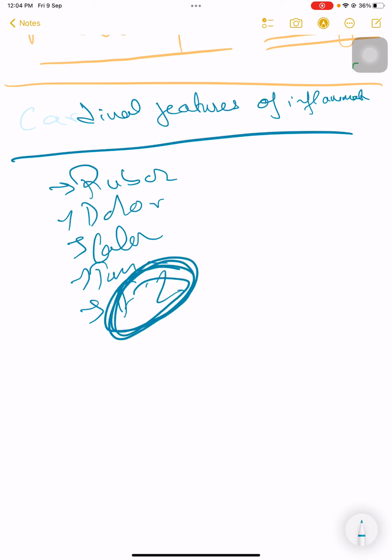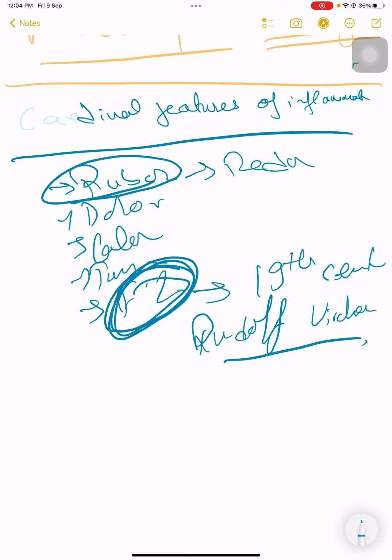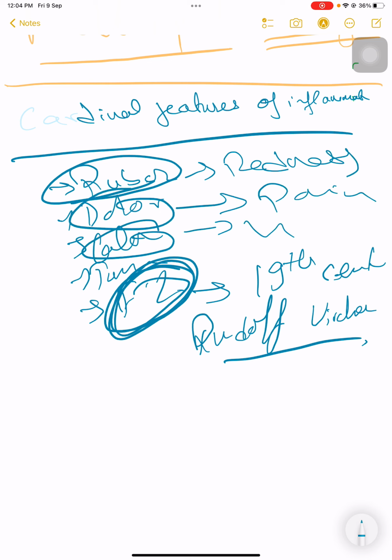Now this functio laesa was actually added in the 19th century by Rudolf Virchow. Rubor means redness, dolor means pain, calor means heat, tumor means swelling.